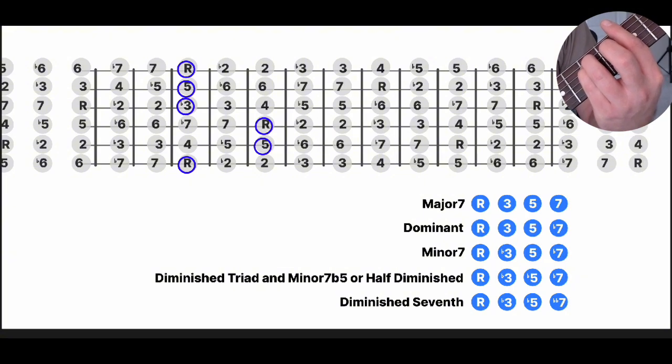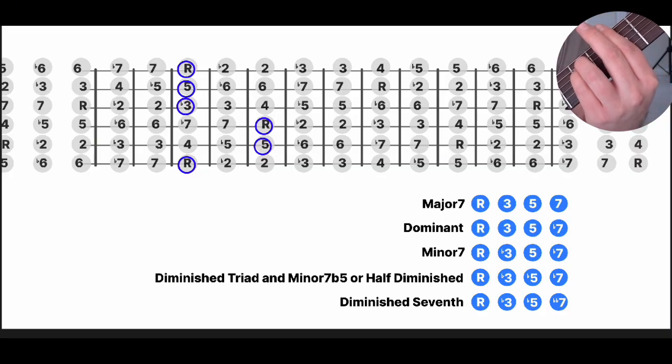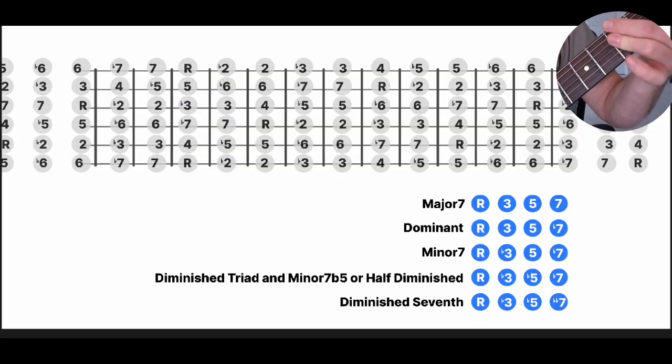Which brings us back to this conversation again about not needing to double the roots and the 5s so much. If you really want a balanced chord sound, it would make sense to play each note in the chord one time. So instead of playing a minor 7th chord like this, you could do one like this. We have root, flat 7, flat 3, 5.